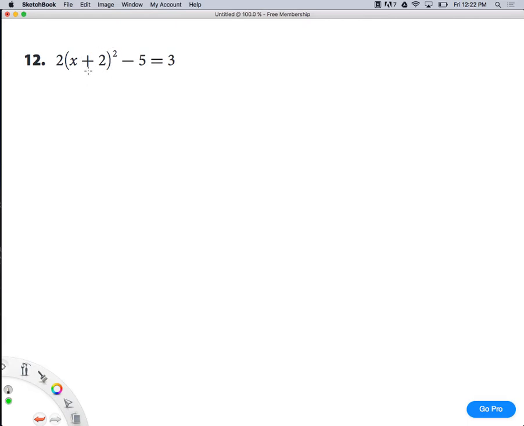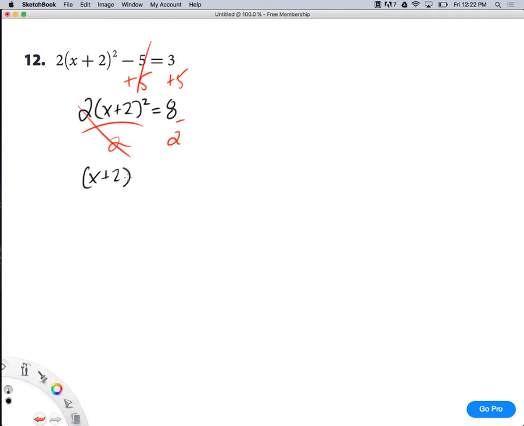I could subtract the 3 over here, but then I'm going to square this out. Anybody have an idea? Add what? Add 5. Let's add 5 to both sides. Why? Well, because then I end up with 2 times x plus 2 squared equals 8. Then I divide by 2. You see how now that's easier to see what to do?